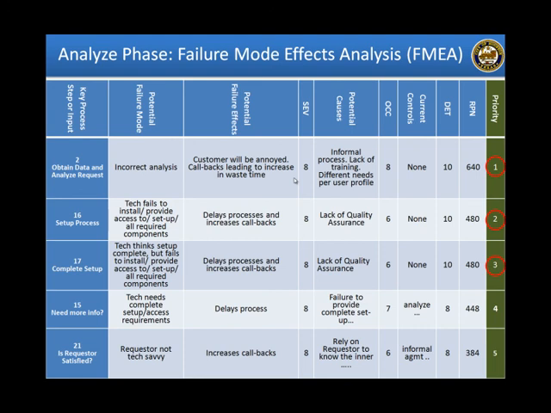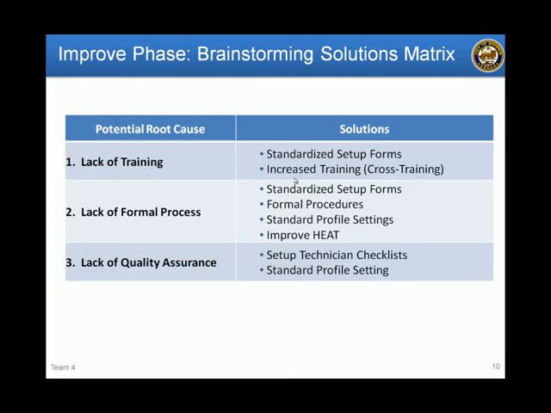For second and third priority step, setup process and complete setup, we identified lack of quality assurance as the potential root cause. Our failure mode and effects analysis resulted in the identification and prioritization of the critical X's for this project. The top 3 priorities became our focus area.